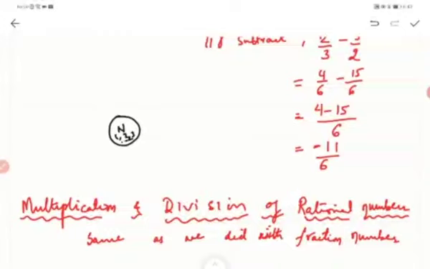Yes. So what is the next set of numbers? Your whole numbers, which are represented by W. So whole numbers include 0 and all the natural numbers, right?